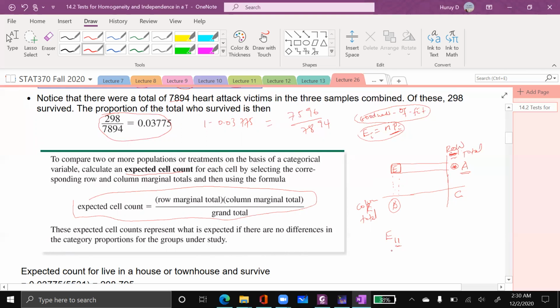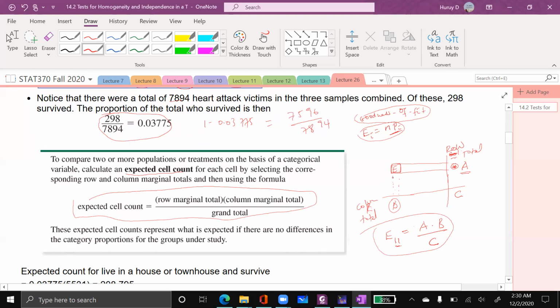The expected count for this cell is the row total, which is A, times the column total, which is B, divided by C. So this will give us the expected count of that cell.